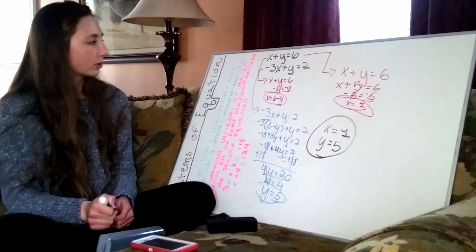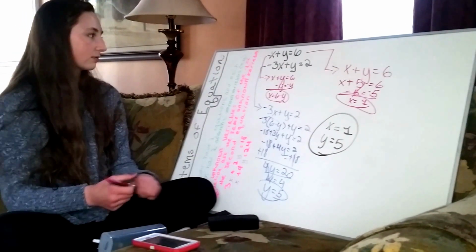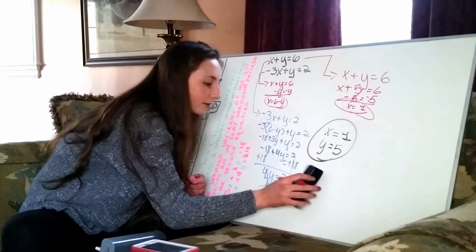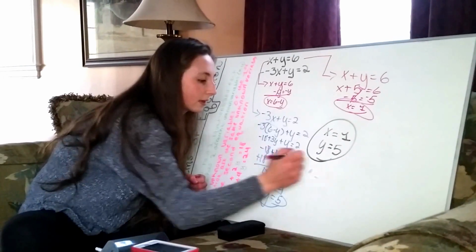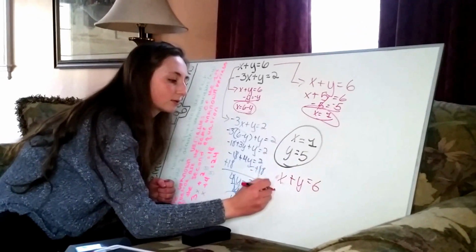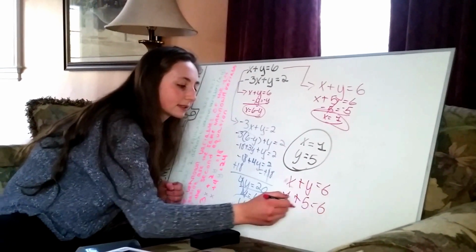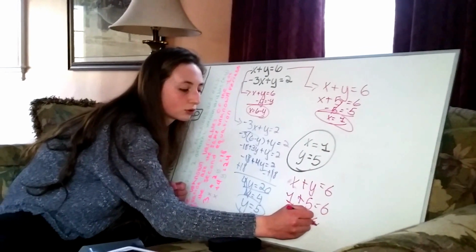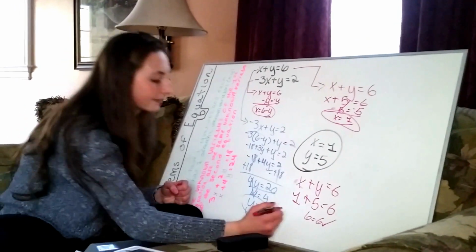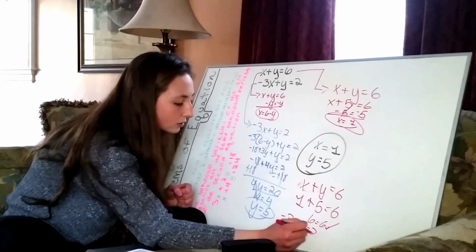Now you can check your work by plugging it in to either or both of the equations. So we have here x plus y is equal to 6. x is equal to 1, y is equal to 5, is equal to 6. 6 is equal to 6 is a true statement. And we also have negative 3x plus y is equal to 2.